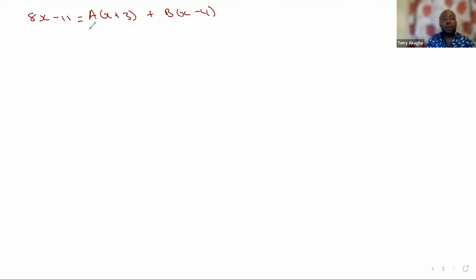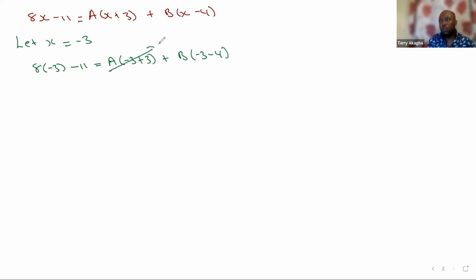So what we can do now, we can make x to be equal to minus 3 here. So we can now say, let x be equal to minus what? 3, so that a will disappear and we'll have b. So we'll have 8 into minus 3 minus 11 is equal to a(minus 3 plus 3) plus b(minus 3 minus 4).